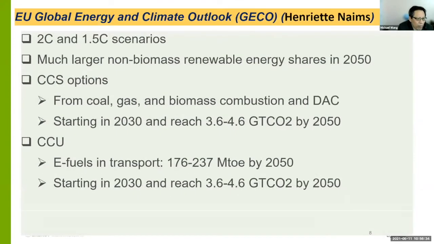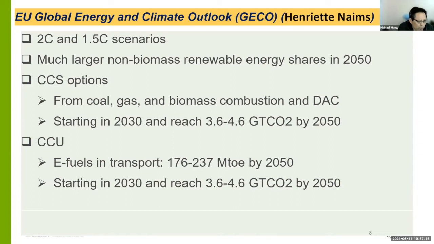The EU Global Energy and Climate Outlook was reviewed by Harriet. Here, the EU developed 2C and 1.5C scenarios. The scenarios establish much larger non-biomass renewable energy shares in 2050. CCS options include sequestration from coal, gas, and biomass combustion, and direct air capture.